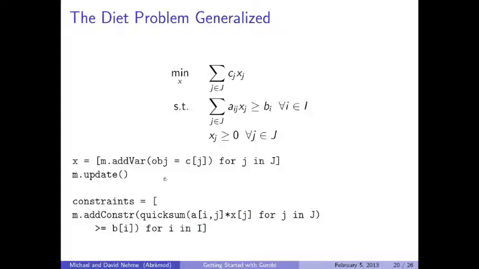So in this little code snippet, we're assuming that all the data has been instantiated. So we're assuming that C, A, and B have all the data loaded into them already, and that our index sets J and I are already populated. So first I'm going to add a decision variable for each food type j in J. I'm going to do that using Python list comprehension syntax.